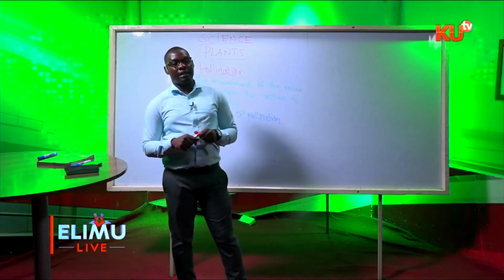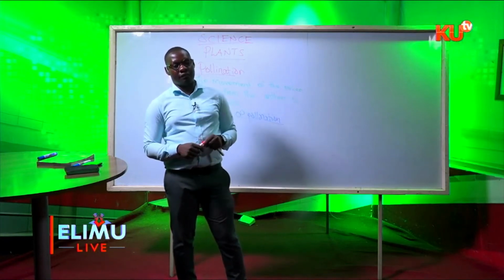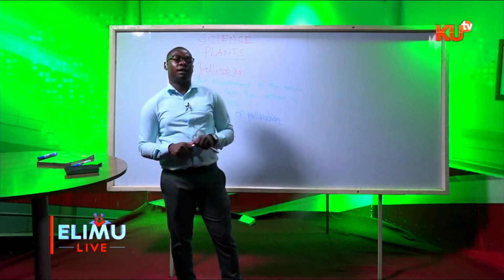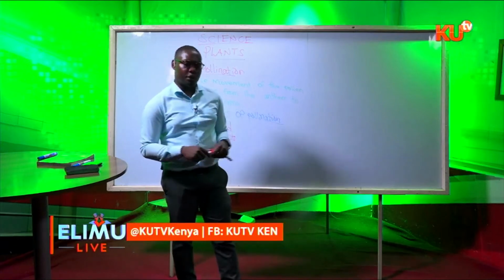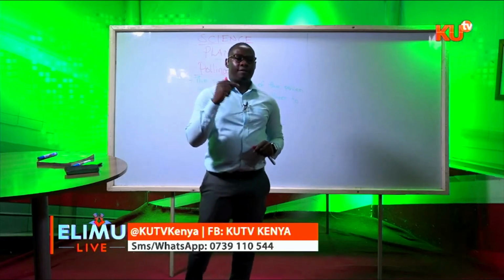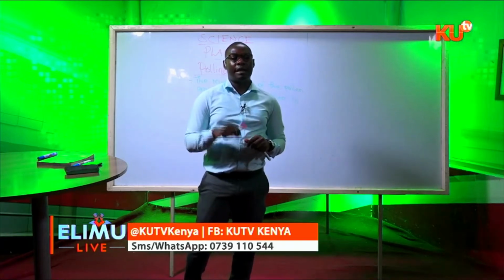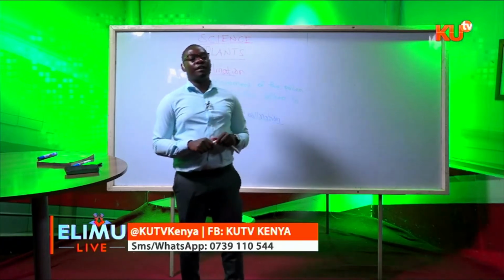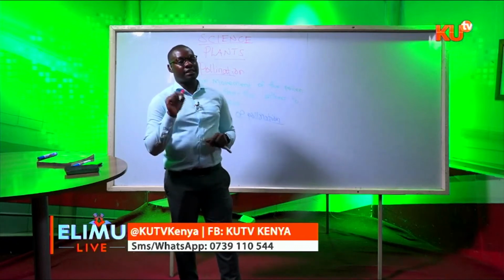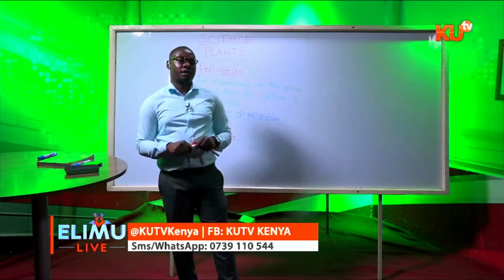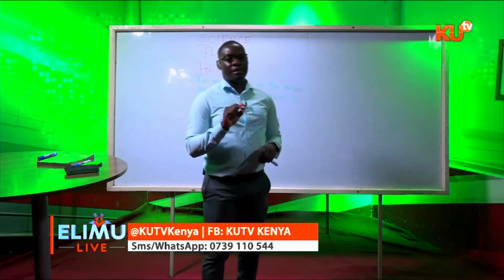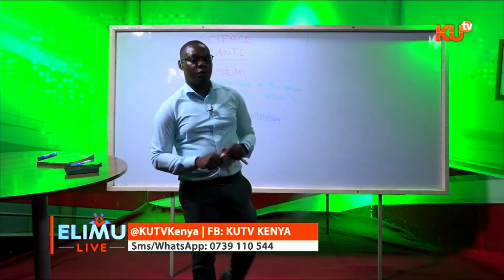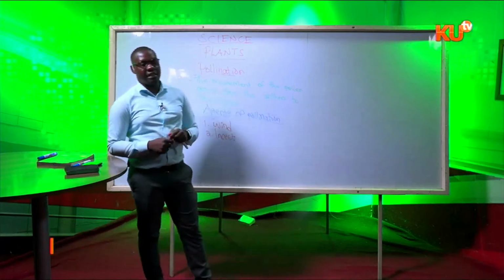So that leads us to the characteristics of the insect pollinated flowers and the wind pollinated flowers from the two agents of pollination. Those flowers that are pollinated by insects, we refer to them as insect pollinated flowers. Those flowers that are pollinated by wind, we will therefore call them the wind pollinated flowers.